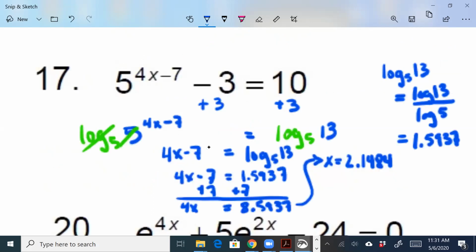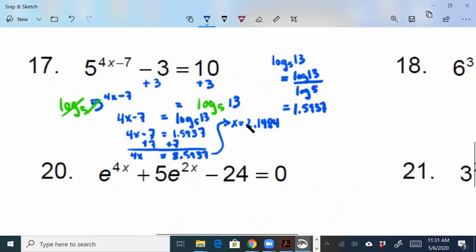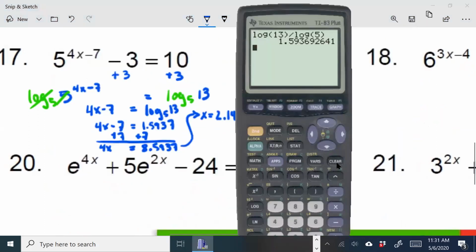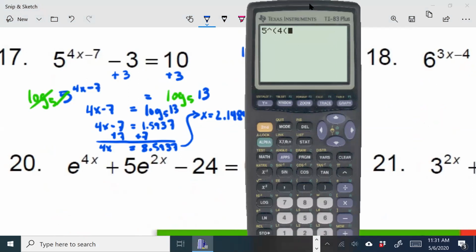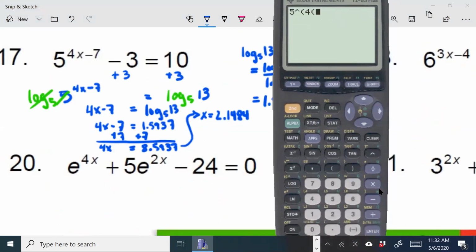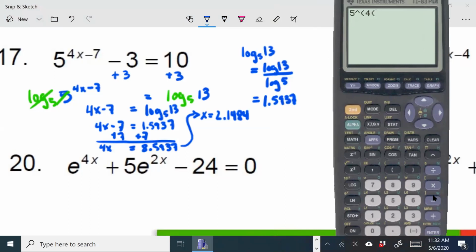So if I want to check whether 2.1484 works in here, I can pull up my calculator and put in 5 raised to the power, and here I want to put it all in parentheses, 4, open another set of parentheses, 2.1484.